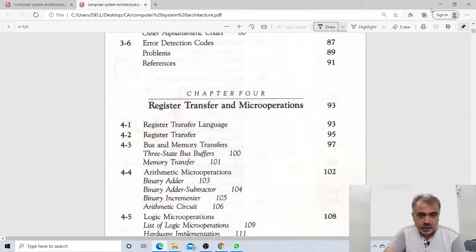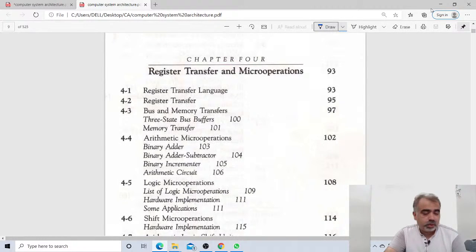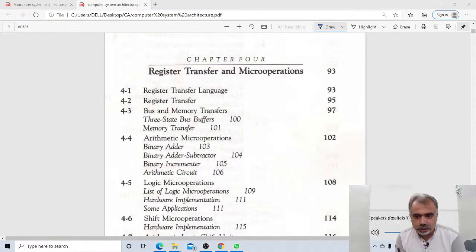So let me start your course. Basically, the course is computer architecture. It starts right away from the chapter on register transfer and micro-operations.